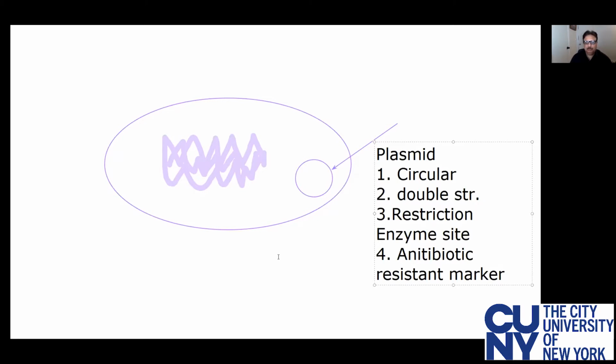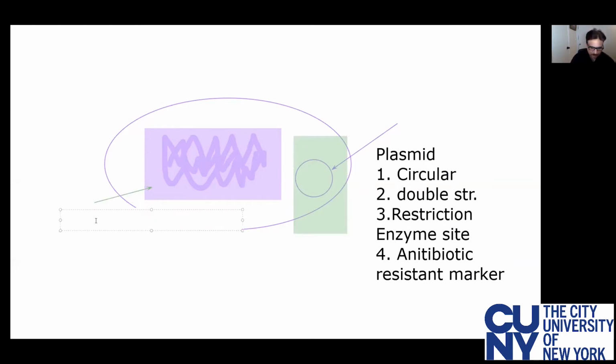Now let's go a little bit deeper. This DNA is the main DNA, and the plasmid is an extrachromosomal DNA. Main DNA means if this is lost, bacteria will die.